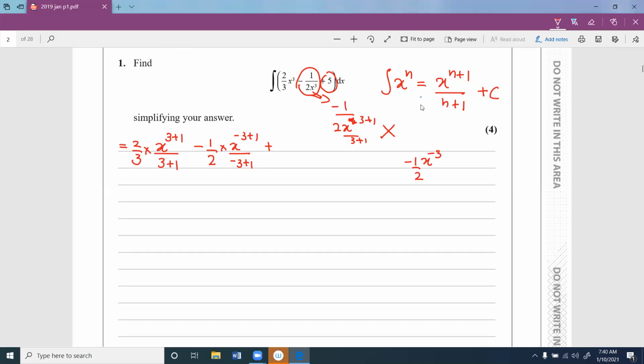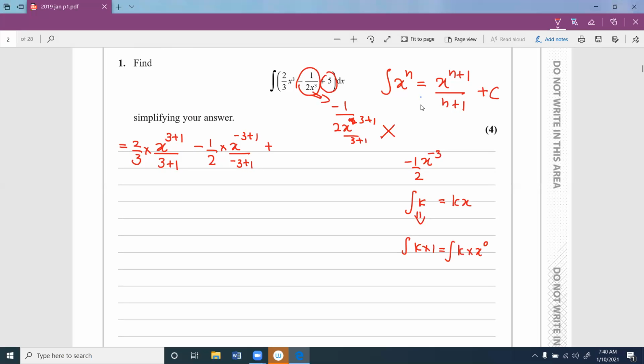The theory is, if you integrate any constant k, whatever the constant, the answer is kx. How do you get this answer kx? If it is k, you can say this is k times 1. It's not a problem, because you can write any number like that. So you can say k times x to the power 0.